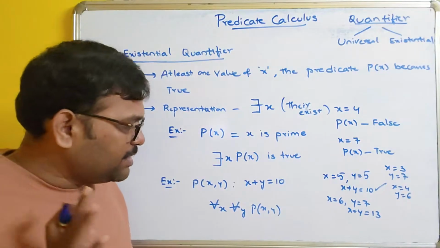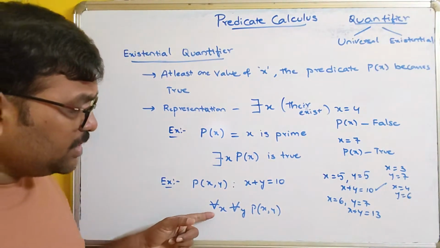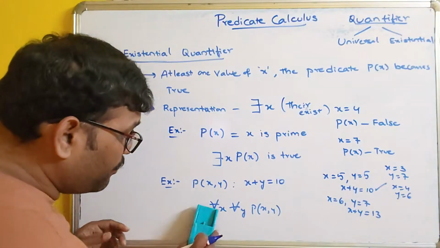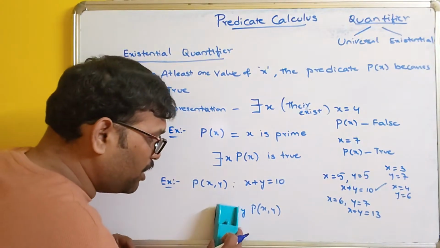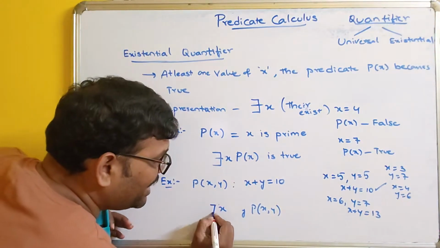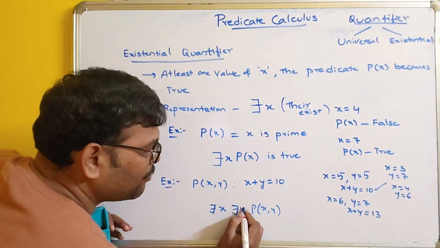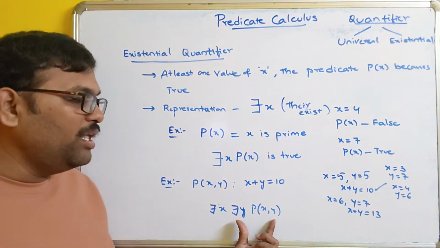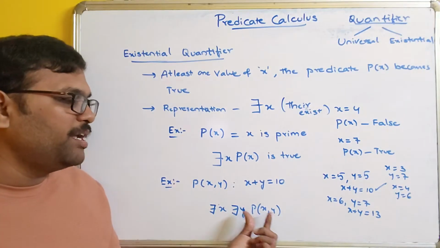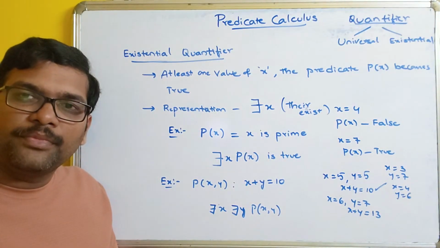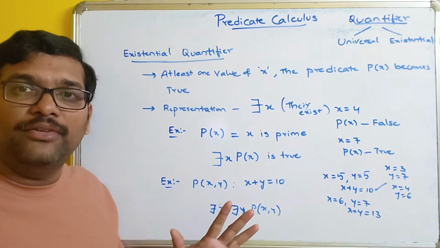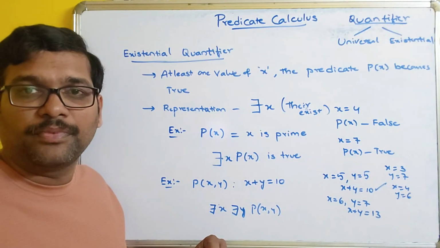Right? Yes. So not for all, I'm extremely sorry, not for all. So there exists some x and there exists some y, then only this particular predicate becomes true. Not for all the values does this predicate become true.